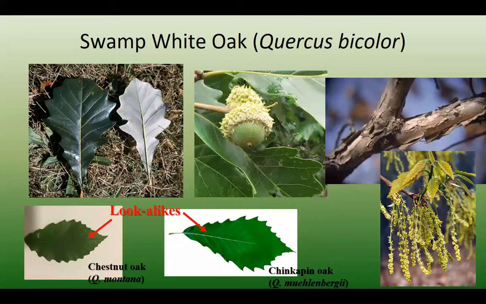But it does actually have a few lobes, whereas the chestnut and chinkapin just have a wavy edge. The chestnut is a smooth wave, and the chinkapin, well, the way I remember it, the chinkapin has chinks taken out of it. And so it looks much more cut into at the sides.